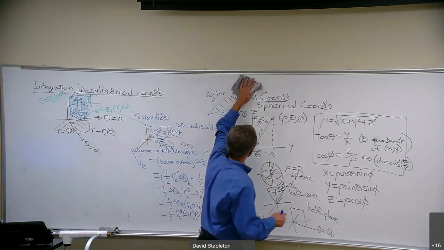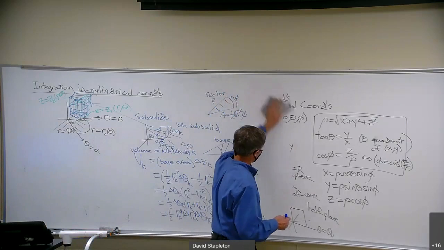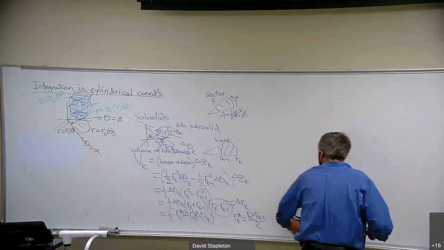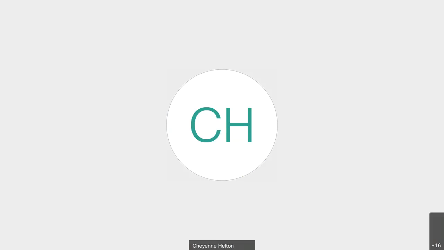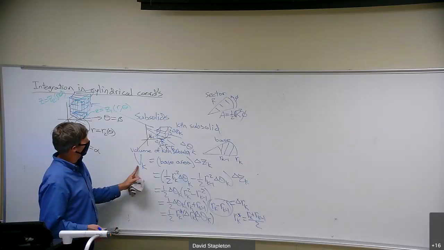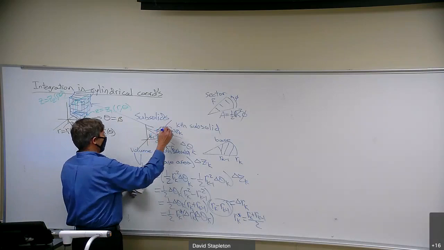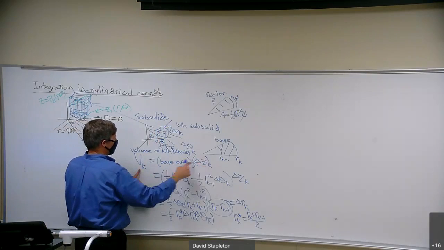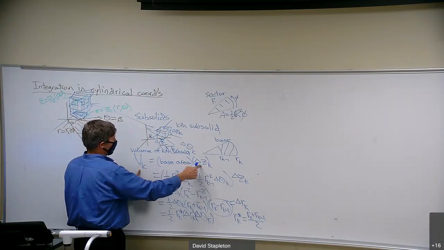Now, finally, this is pretty fast. What happened to the Z? Oh, I'm saying Vk is the volume of the kth piece, and it's the base area times delta zk, right? The base times the height. The base area times the height is the volume.